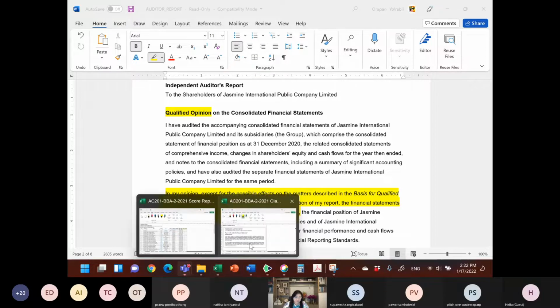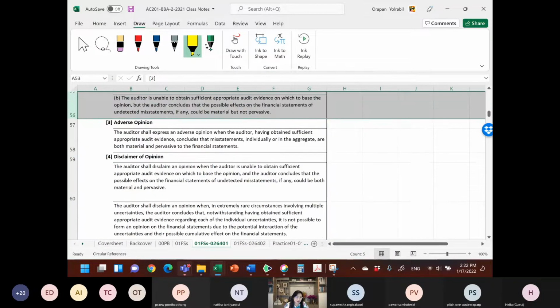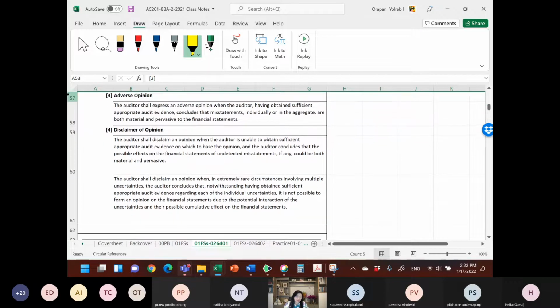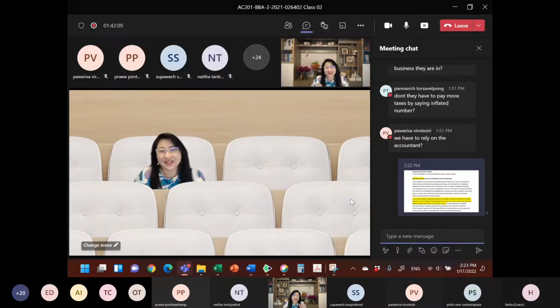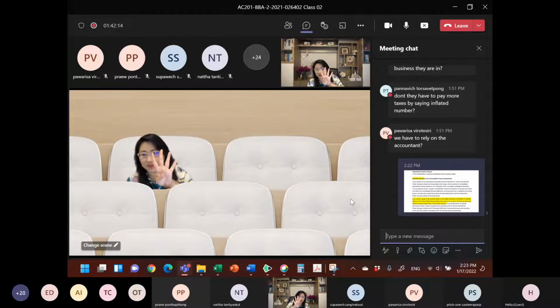Now, if you look at the third one, the third one is actually adverse opinion. For the adverse opinion, it is getting worse. Let's say that we again have 4 financial statements, and there are a lot of issues going on, where the auditor cannot find evidence supporting the numbers, or there are a lot of assumptions and estimates put in.